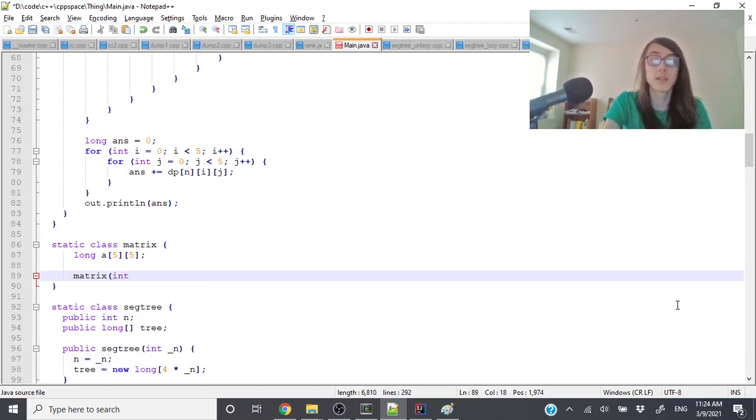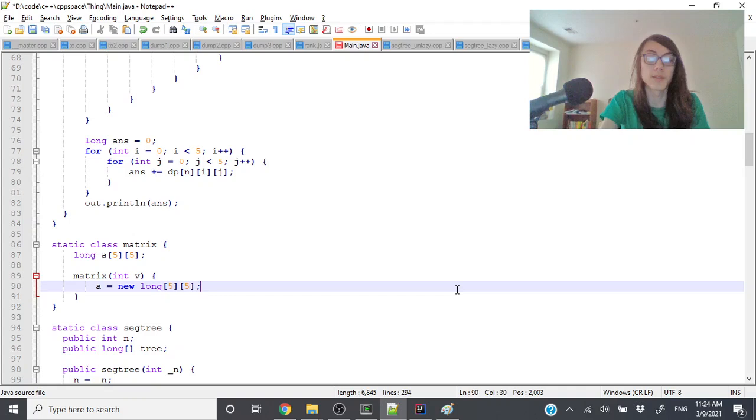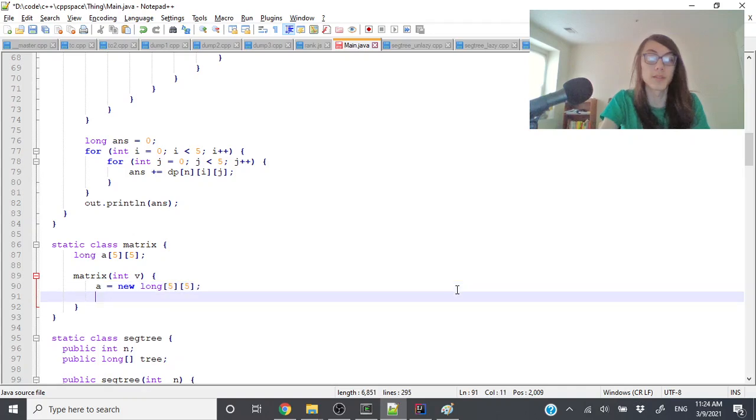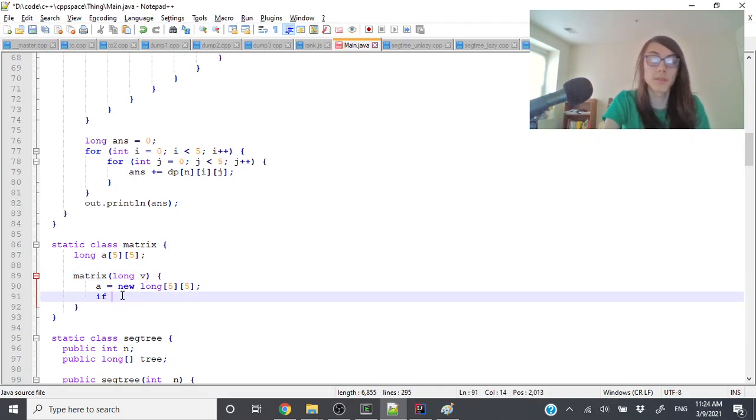Int v. Why does this lag so much? A equals new long 5. Rather, this can be a long v, I guess.